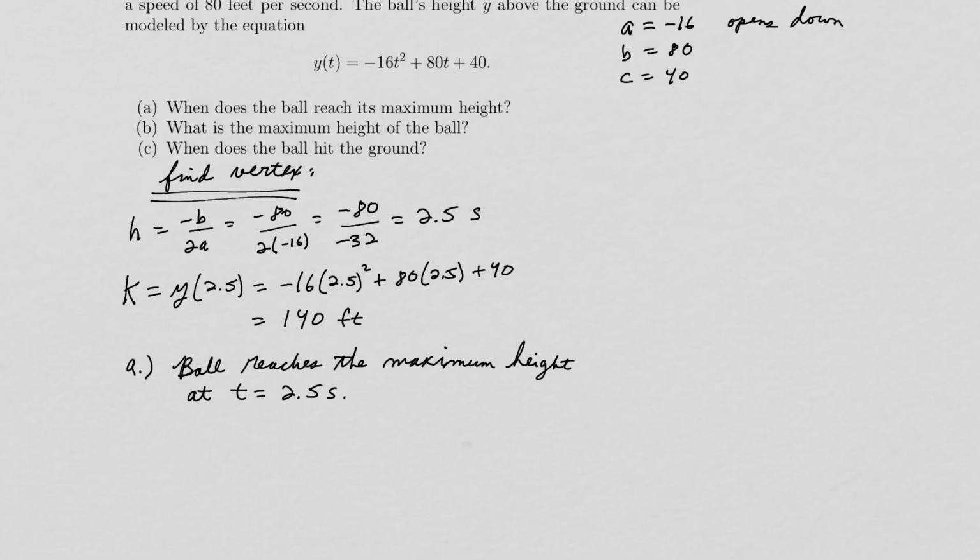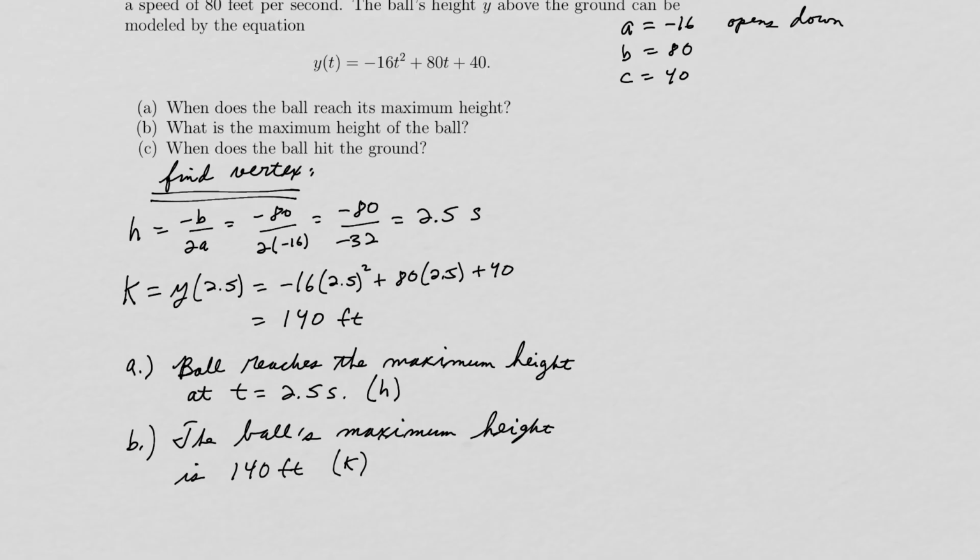And then the maximum height is the k, right? So the time was the h of the vertex, and the ball's maximum height is 140 feet, which is really just our k, right?